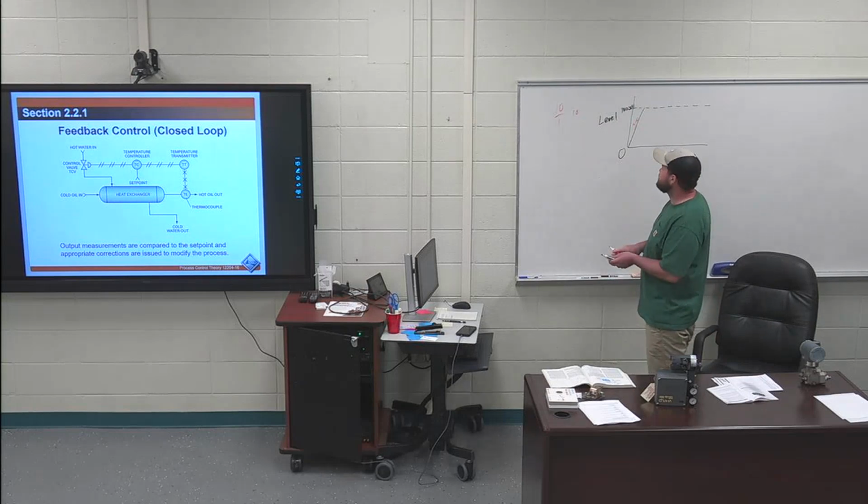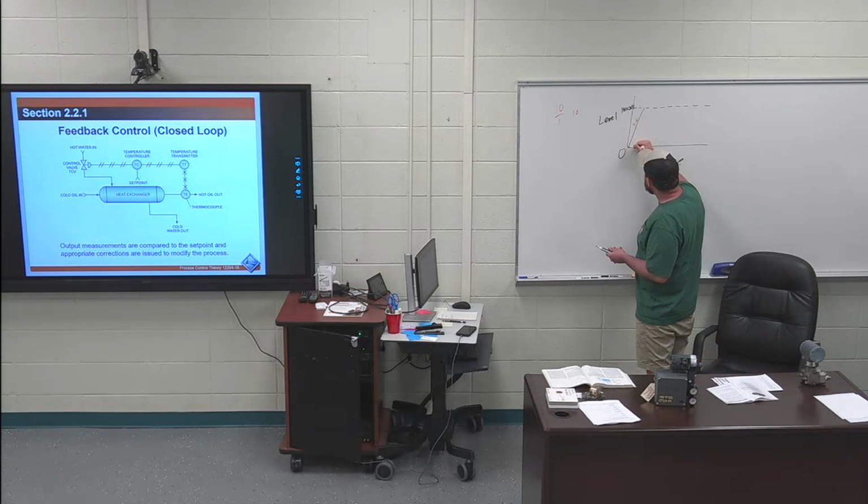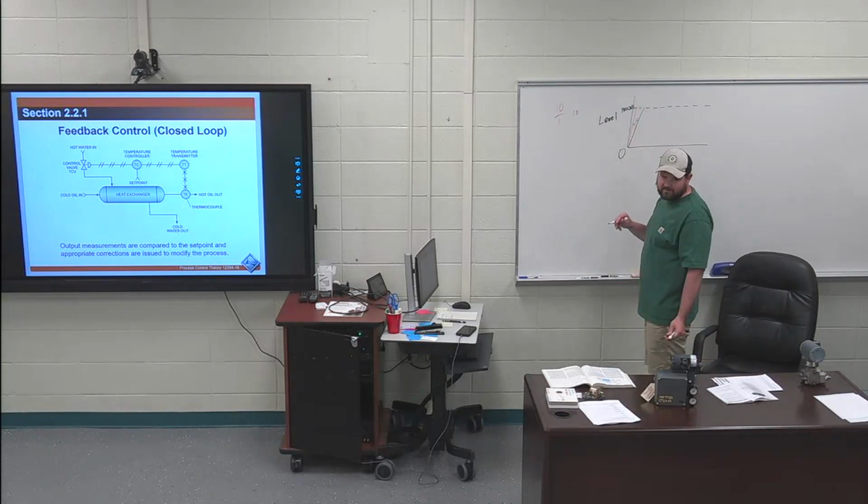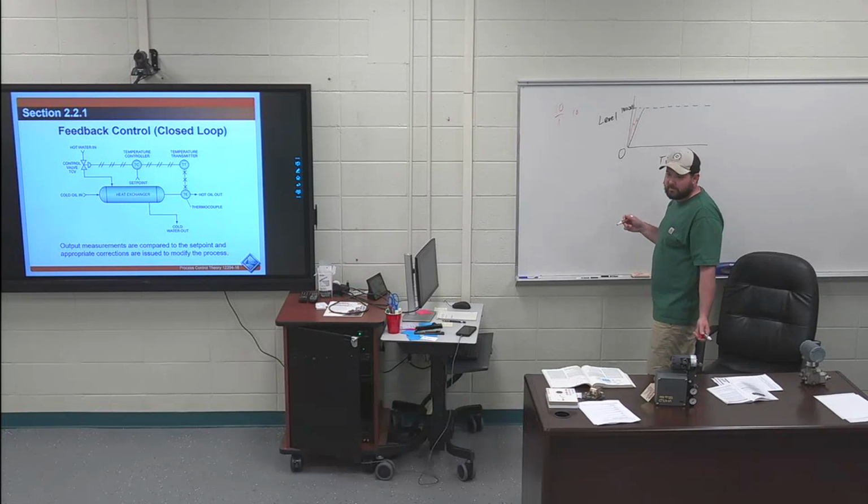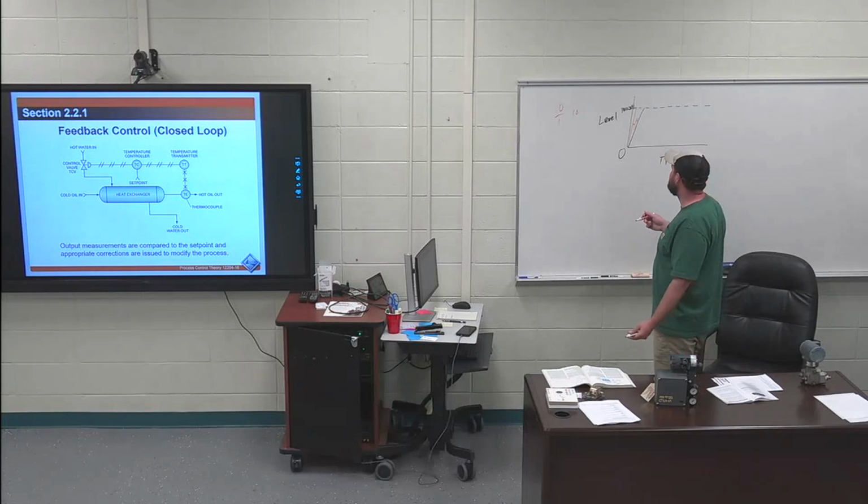And then you can increase from there. If I increase my gain and try to go even faster, this line would go even faster straight up. Does that make sense? That's the slope formula, right? Your gain is your slope.